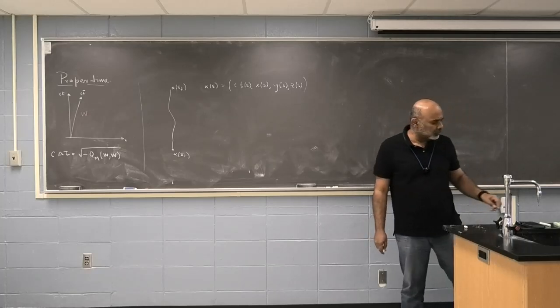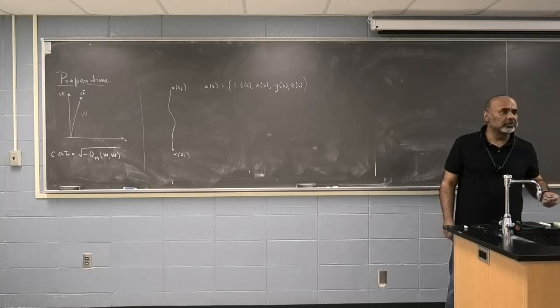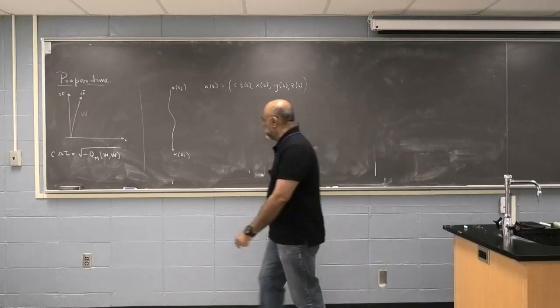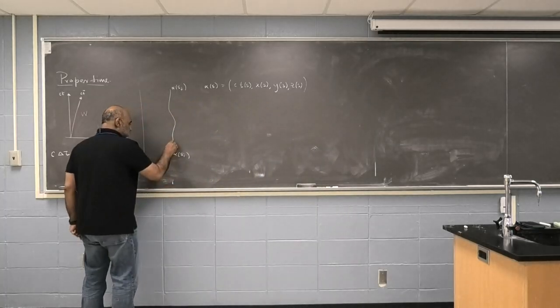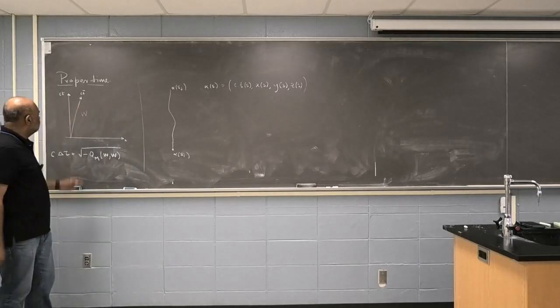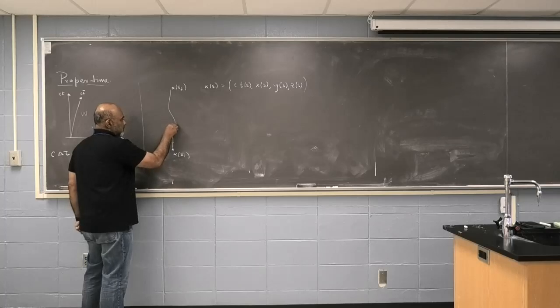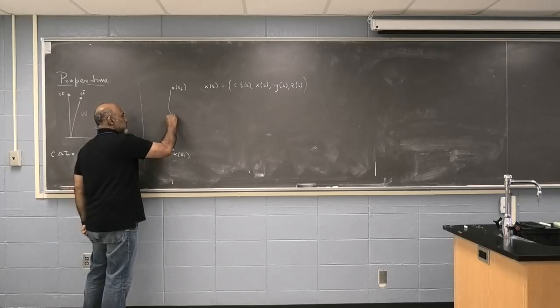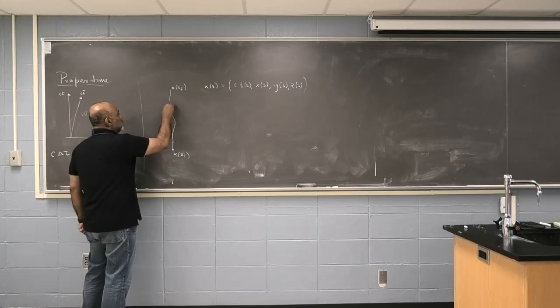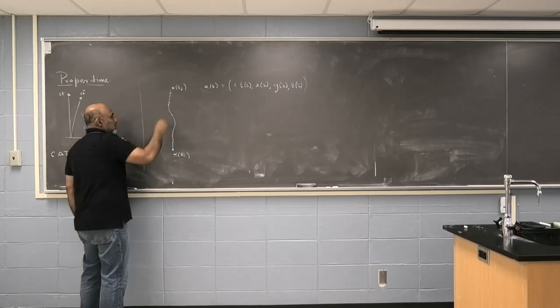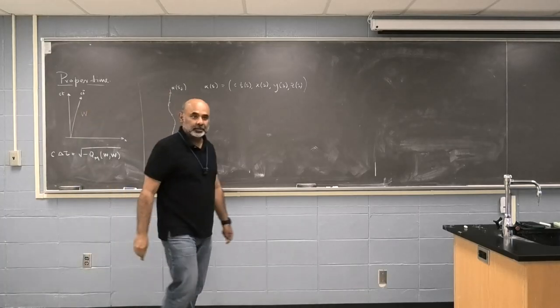So what do we do? Well, we do what we always do. We break it into small chunks, because if it's small enough, it looks like a straight line. The point I'm trying to illustrate here is that the direction of the arrow is changing.